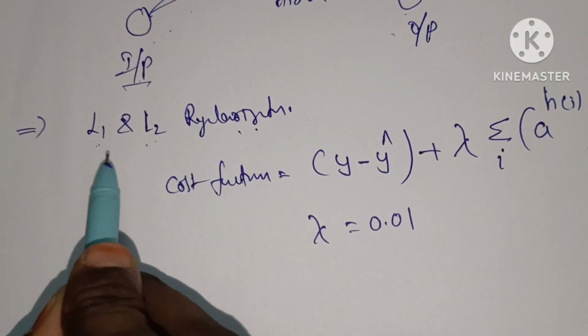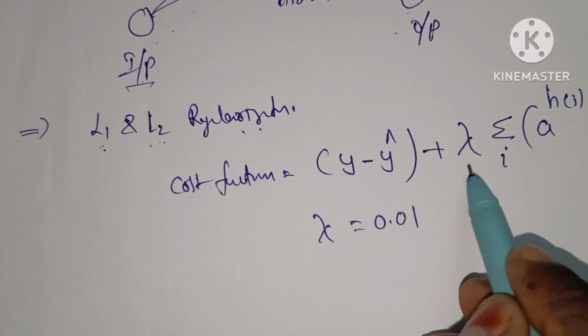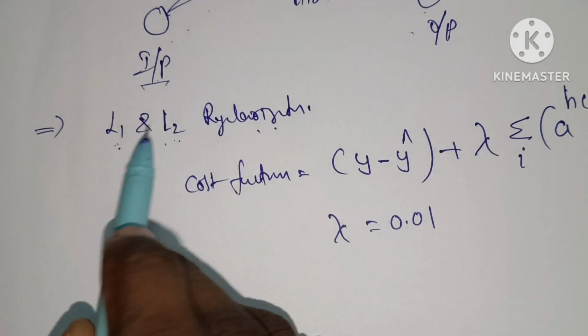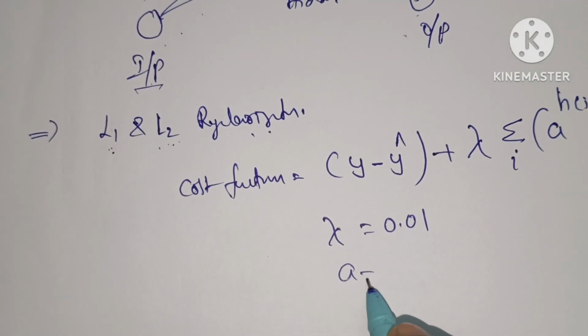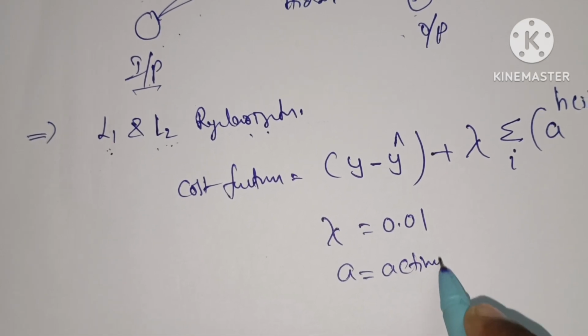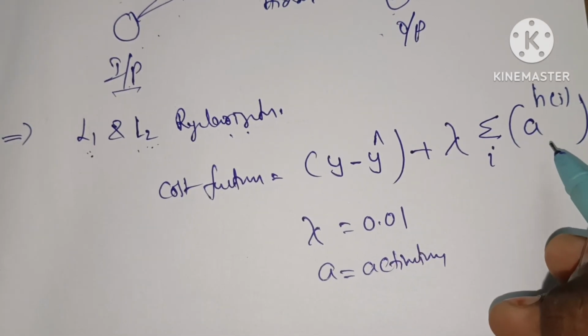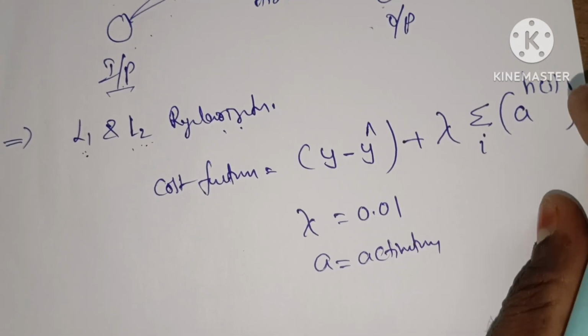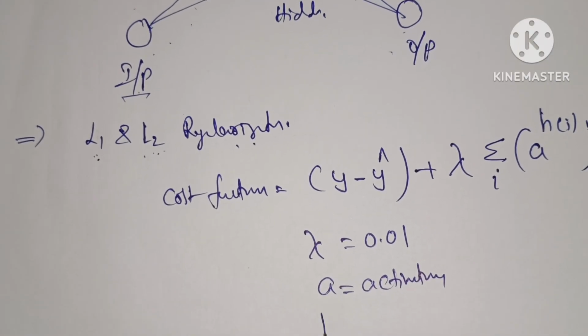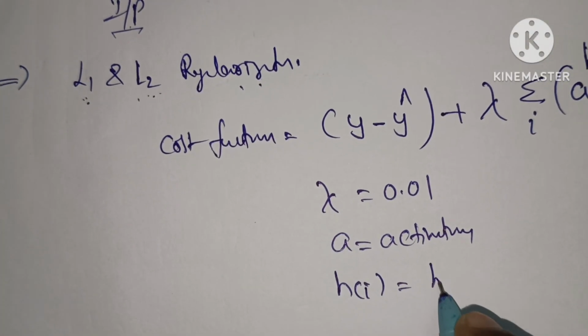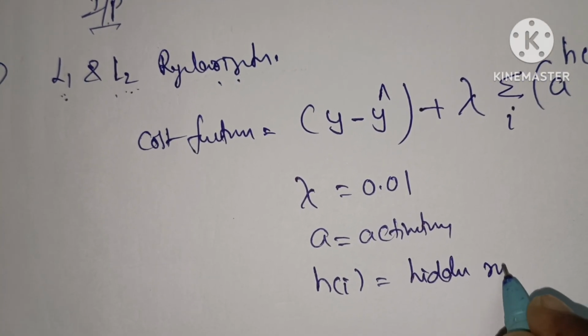That means for L1, L2 we take the lambda value: L1 is lasso and L2 is ridge. The next one is the activation function. Here we can use either tanh, ReLU, sigmoid or softmax, whatever it may be. The next one, h of i, means the hidden neuron.